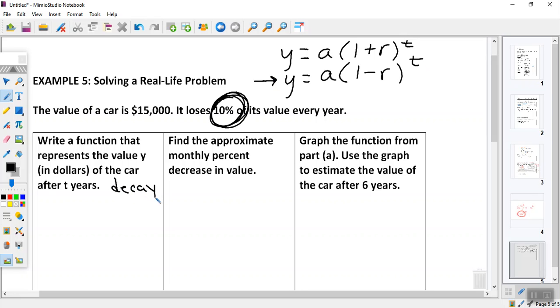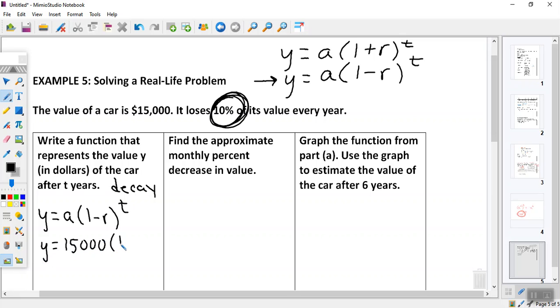Therefore, since we're involving a percentage rate, guys, we're going to say y equals our a value times 1 minus r to the t power to write this. Okay, guys, well, what is the starting value of this car? Right off the bat. $15,000. So what has to take the place of a? A always represents your starting value. What are you going to plug in for a, kids? $15,000.